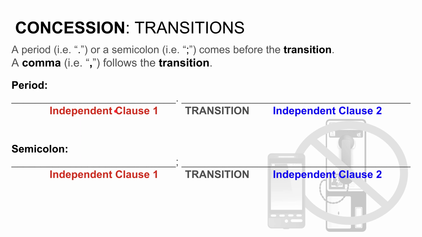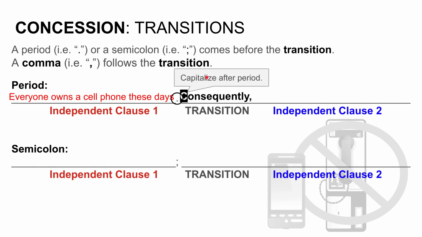Let's look a little bit at the punctuation now. There are two options for punctuation before a transition. The first one is a period. For example, independent clause 1: everyone owns a cell phone these days, period. Consequently, capitalize after the period, comma, people don't use payphones anymore. You can also use a semicolon before the transition.